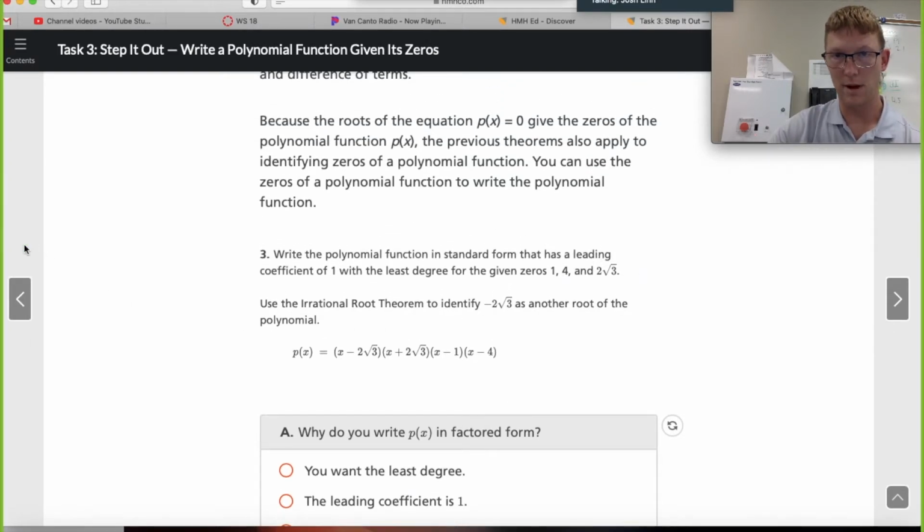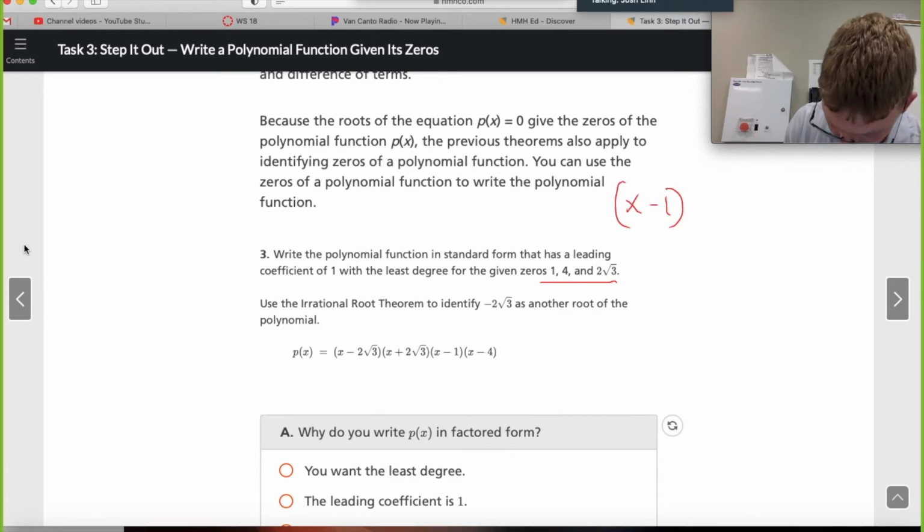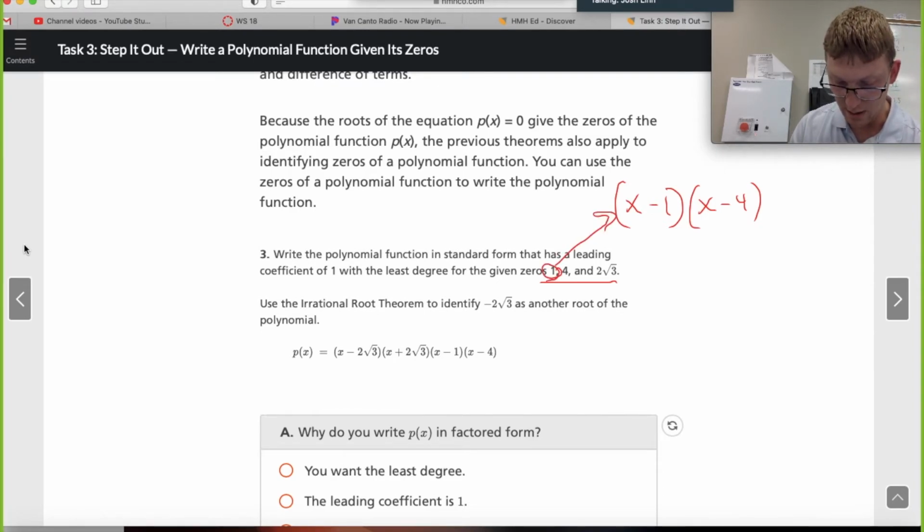So if we're looking at these guys right here, we know, based on those zeros, that our p of x is going to be, first, x minus 1, that's where that 1 comes from, x minus 4. Remember these are zeros, so when these get plugged in, it should make their little spot equal to 0.